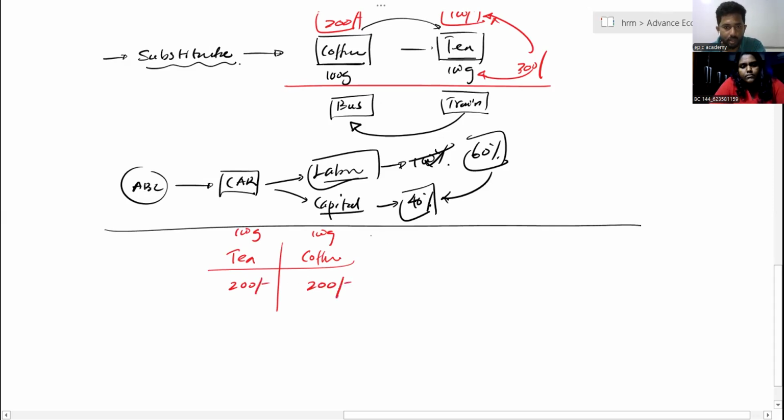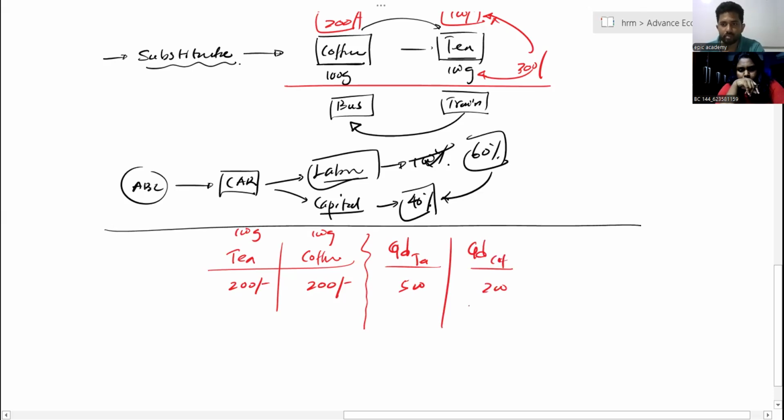The quantity demanded of the tea is 500 packets. The quantity demanded of the coffee is just 200 because most of the people like to drink the tea. So this is the situation.